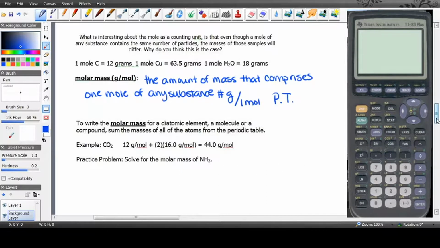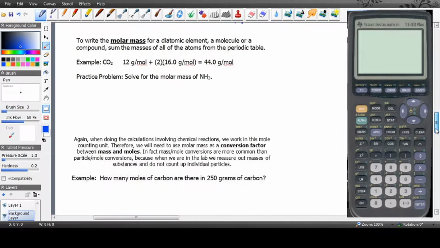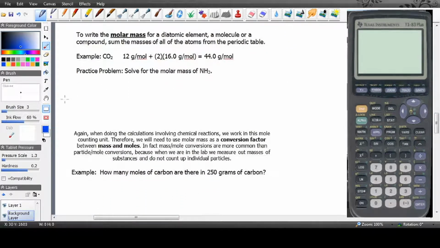Let's do another one together. Molar mass of nitrogen. Nitrogen has a molar mass of 14 grams per mole. I'm sorry, did I say the molar mass of nitrogen? I meant the molar mass of ammonia. And ammonia, of course, is composed of nitrogen and hydrogen.